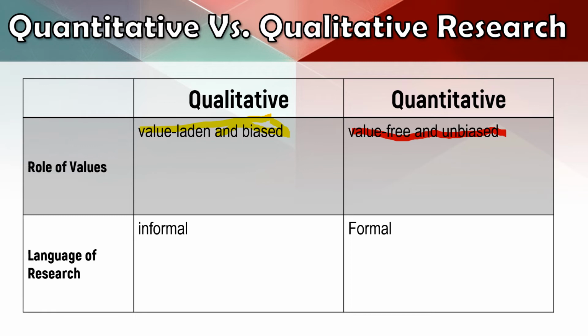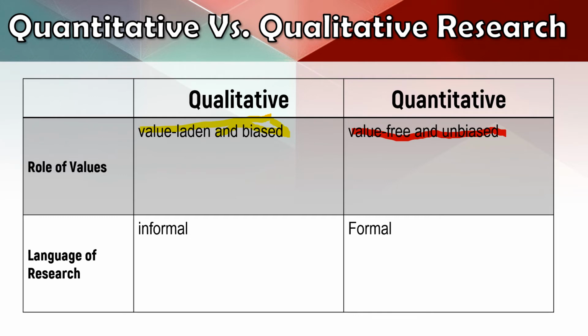We cannot extract generosity or kindness or love in a quantitative research because quantitative is objective. It relies heavily on the measurement of data. We're talking about numbers and statistics. We cannot get values or virtues or morals in this type of research.